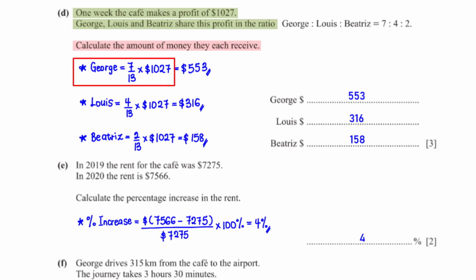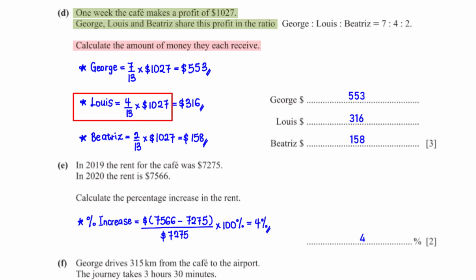The amount George receives is equal to the ratio share for George, which is 7, divided by the total ratio of 7 plus 4 plus 2, which is 13, times $1,027. This gives us $553. The amount Louis receives is equal to the ratio share for Louis, which is 4, divided by 13 times $1,027.